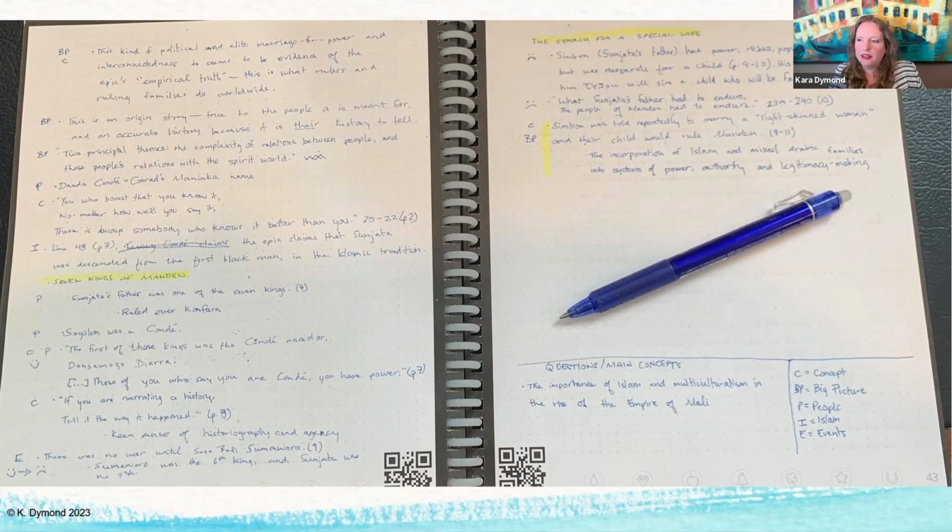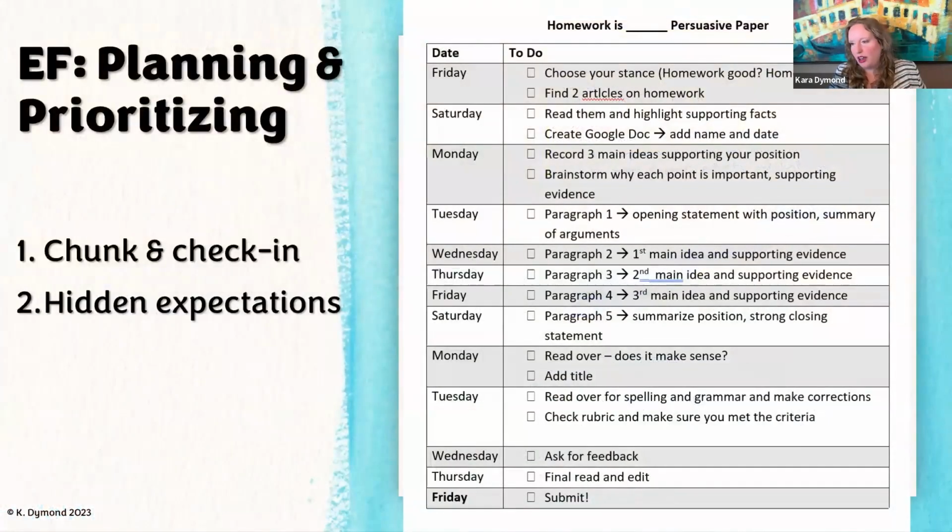I teach them E for an event, but they can come up with whatever works for them. And as those important details come up, they code them after the lesson in their notes. They can even put little smiley faces or emojis to convey how people reacted to these particular events. And I find it's a great way of directing attention to what's important and can then be used to prioritize for studying. And of course, those are other executive functioning skills.